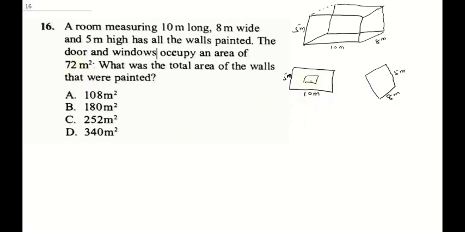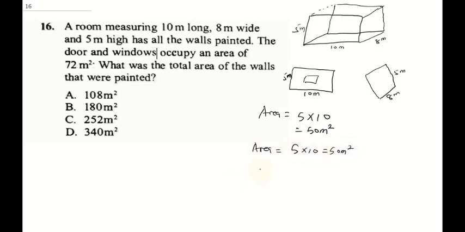So you need to know that for this wall, we have this times 2. There's a wall facing here, and there's one at the back, then there's one here, and there's also another one. So the area of this will be 5 times 10, and this is what? 50 meters square. Then the opposite one is still going to be 5 times 10, which is 50 meters square.